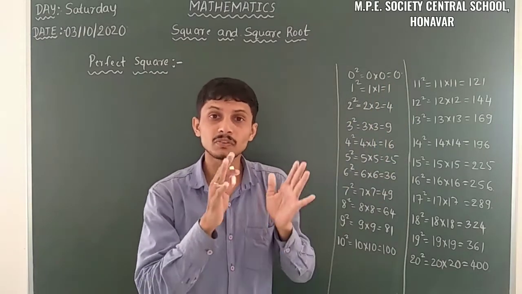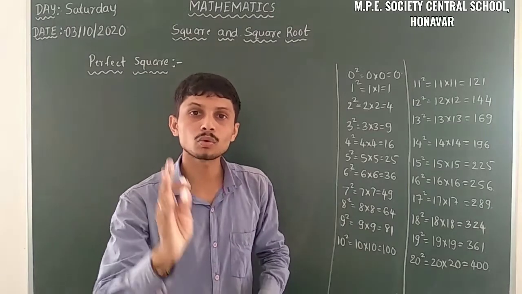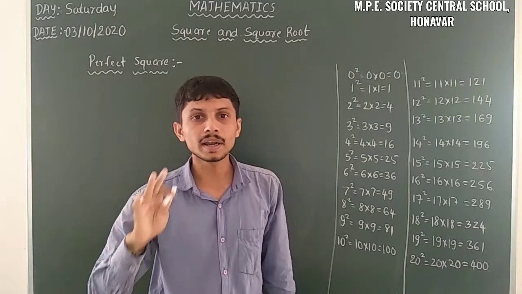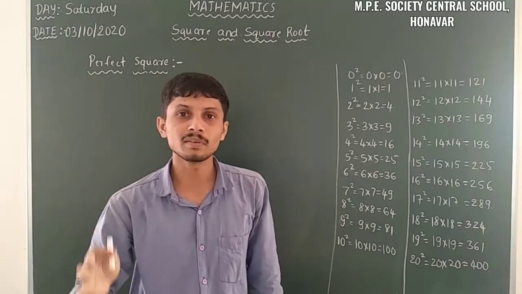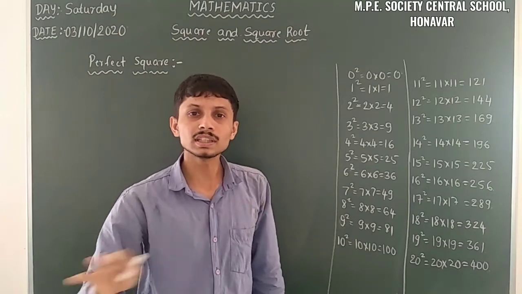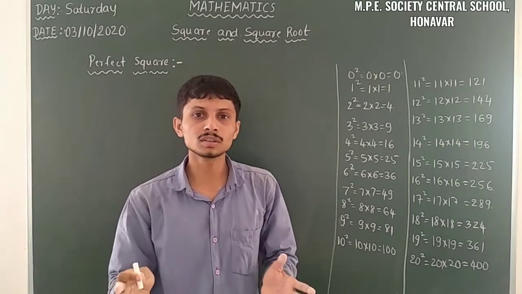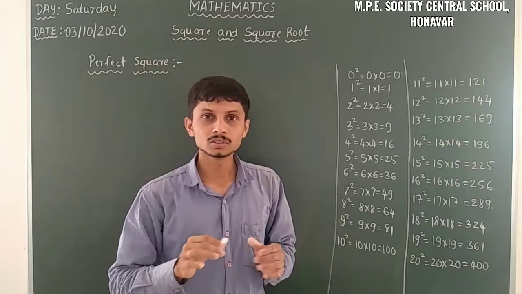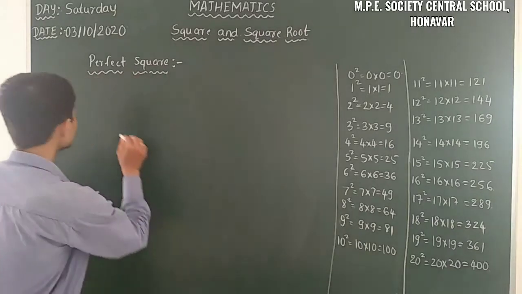So these are the 6 possibilities of digits a square number can end with. Otherwise the number ends with 2, 3, 7 and 8, and those numbers are not perfect squares. So this is property number 1.